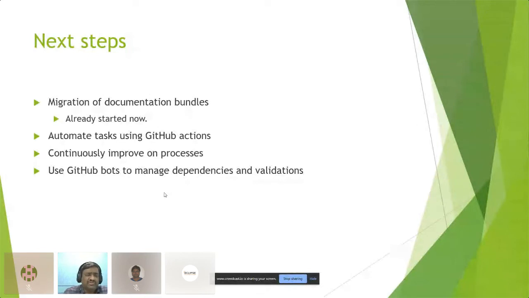That is what we are trying to do: automate tasks using GitHub Actions, at the same time leverage resources provided by GitHub for GitHub Actions, and use GitHub bots for validating dependencies. Right now, we don't have a validation with Orbit. We don't have a bot to tie up with Orbit, so that is something I have in mind. Those are some of the next steps.